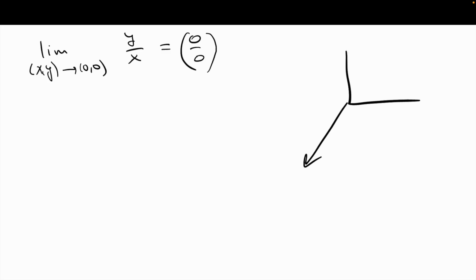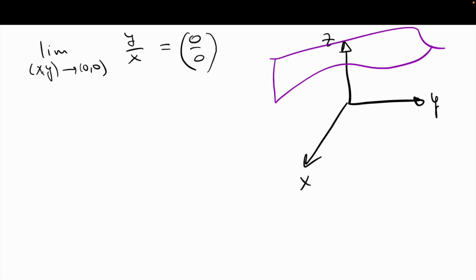Well, if you remember the system of references that we drew before, if we have a surface here and we are trying to calculate the limit at a certain particular point, in one variable we have to prove that the limit from the left and from the right coincide.